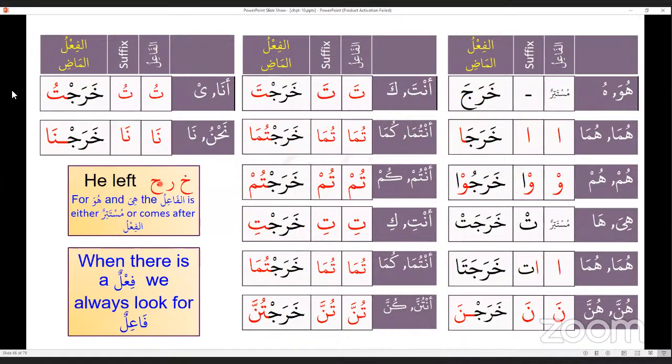So here, always with each pronoun, you'll find the fa'il is included in the fi'l, except two fi'l where the fa'il is mustatir, which are third person singular masculine and third person singular feminine. Here the fa'il is mustatir. Clear? Okay.